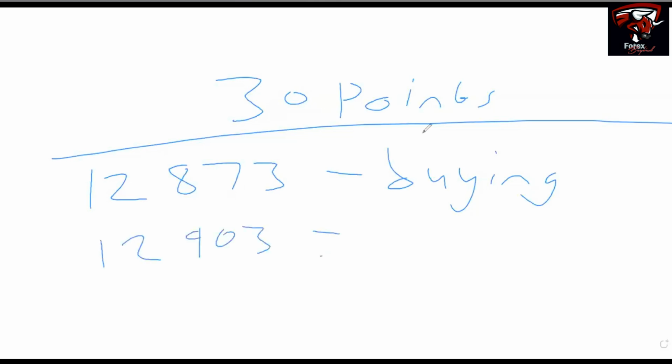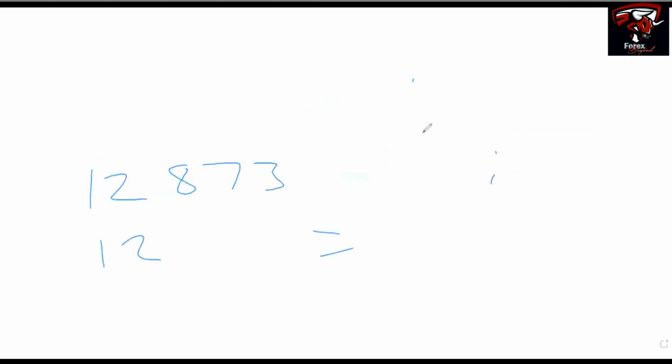That is going to be my TP. Therefore, when the market reaches 12,903, I'm going out. So the default take profit for Nasdaq signals is 30 points, the default one that I use personally. You will just see what works for you.